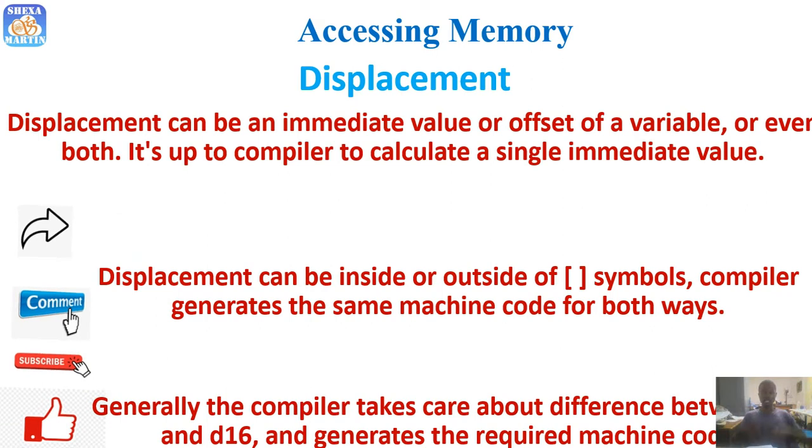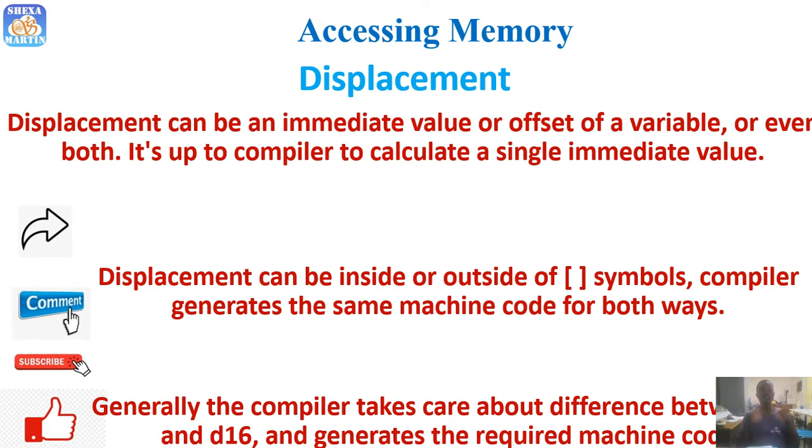BX plus SI in square brackets plus 25 is calculated by the processor as 100 times 10 plus 30 plus 70 plus 25, to give us 1725.